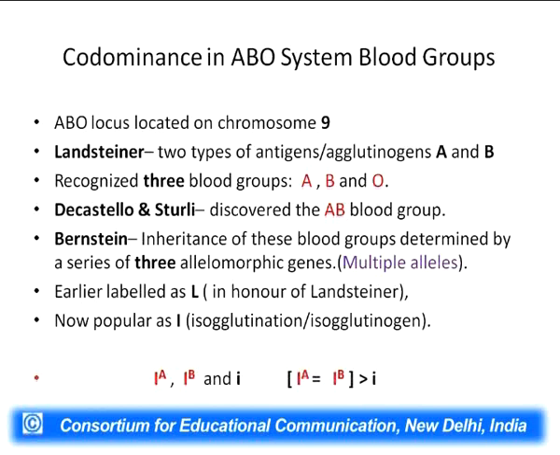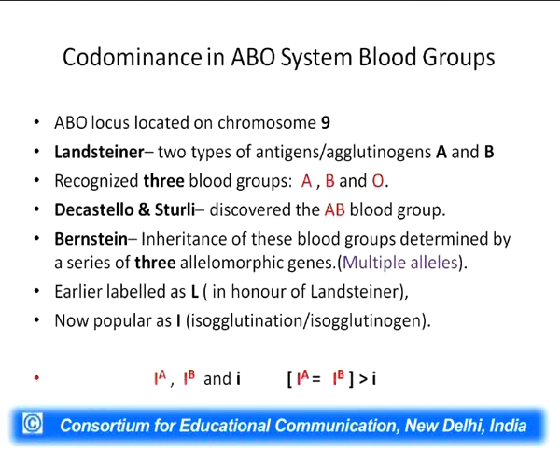They were first recognized by Karl Landsteiner 50 years before Watson and Crick talked about the double helix model of DNA, and Landsteiner recognized 3 blood groups, A, B and O. He did not know about the AB, and this was left to a set of his students, namely von Decastello and Sturli.